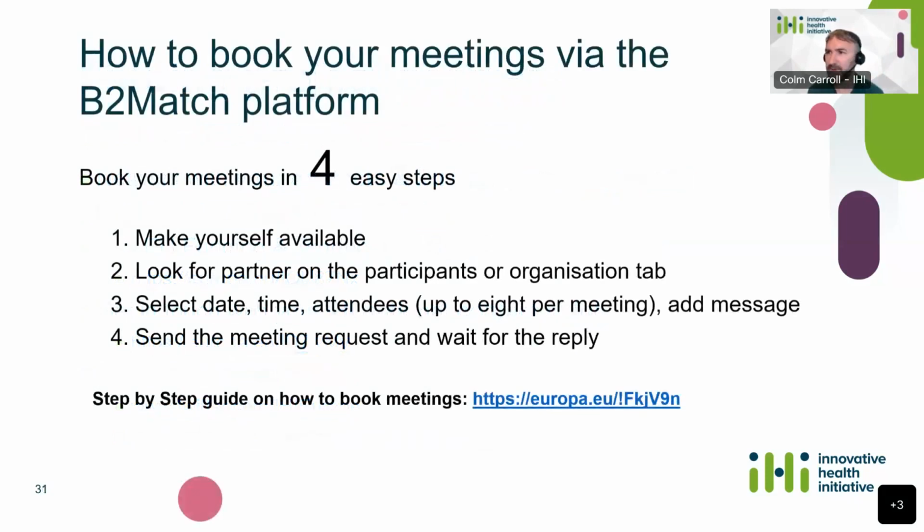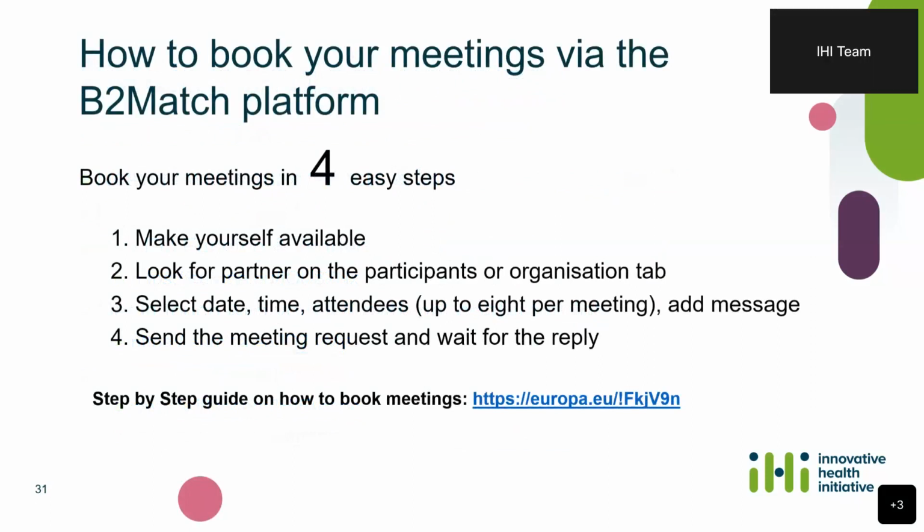I don't know whether I hand it back over to you, Sarah, or do I keep going? Yes, thank you, Colm. I will say a few things about the B2Match platform. As Colm was mentioning, if you want to form your consortium, do it as early as possible, and you can make the most of the platform that we are using right now to book your meetings.